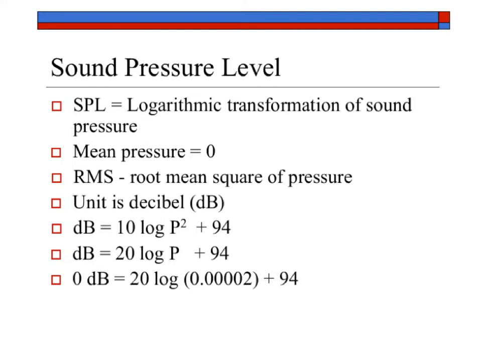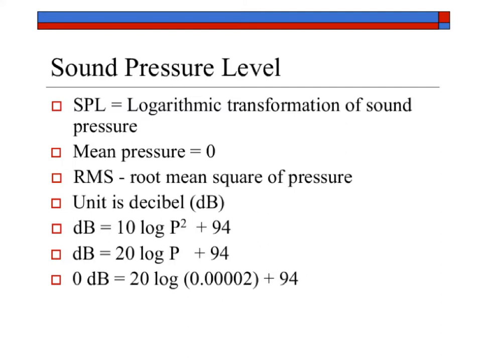The mathematical definition of the decibel is that it's 10 times the logarithm of the RMS pressure squared plus a constant. And the constant, if we're using pascals for the pressure unit, is 94. This definition is equivalent to the decibel equal 20 times the logarithm of the pressure plus 94.